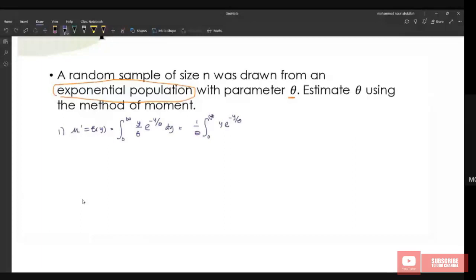So we need to employ integration by parts. So let's say u is equal to y and dv is equal to exponential negative y over theta. So du/dy is equal to 1 and v should be equal to the integration of exponential negative y over theta, which is equal to negative theta exponential negative y over theta.